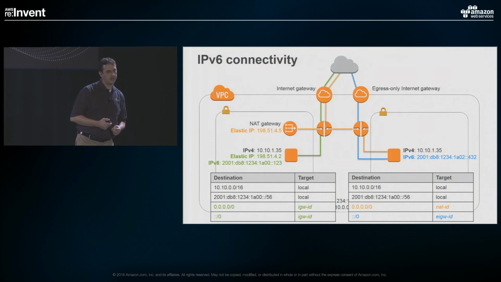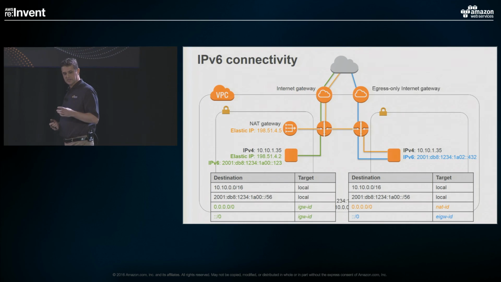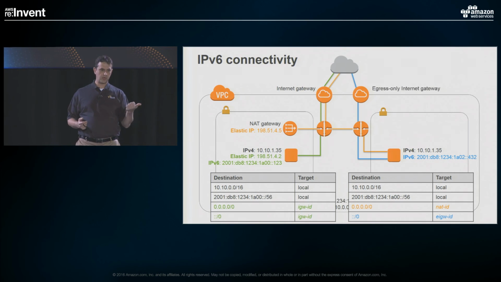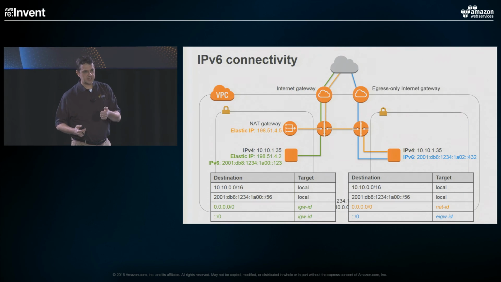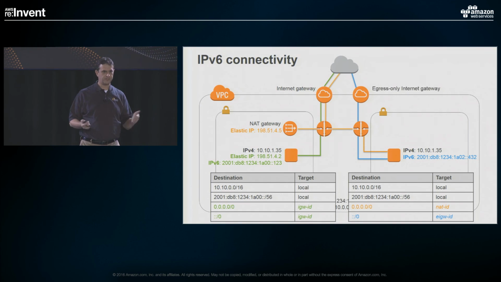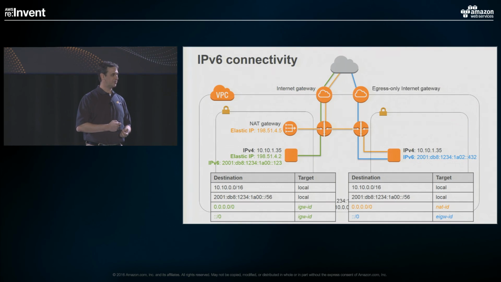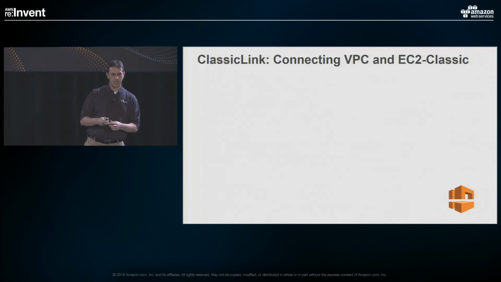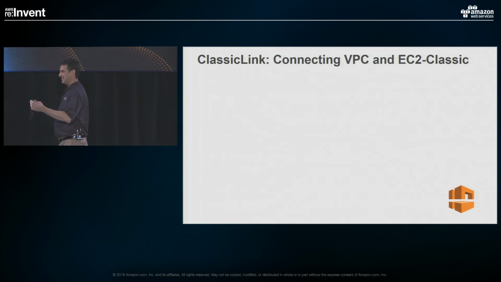On the private subnet, for IPv4, the default route points to the NAT gateway ID. With IPv6, it'll point to the egress-only internet gateway ID. So, fully supported today in Ohio, other regions to come soon. With that, I'm going to hand it to Kartik to talk about EC2 Classic.